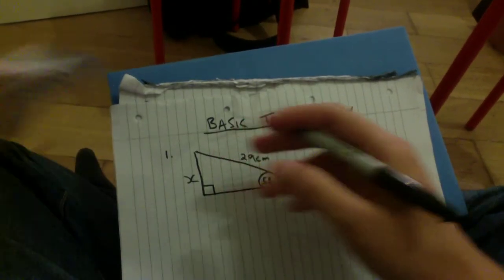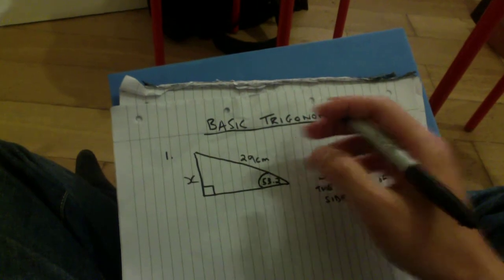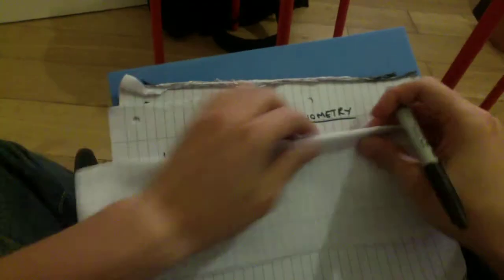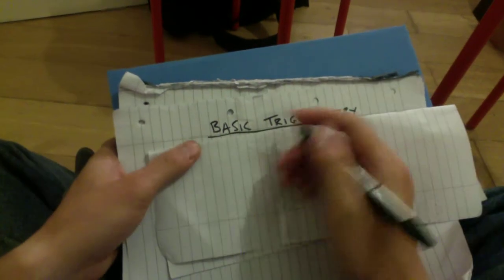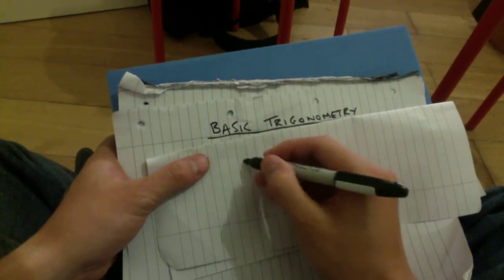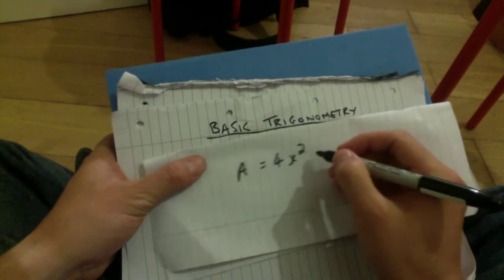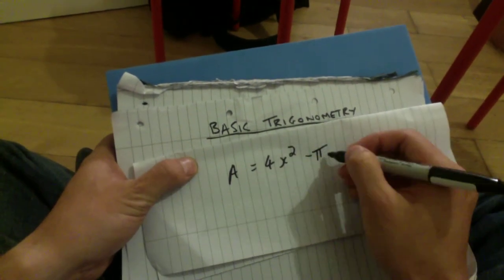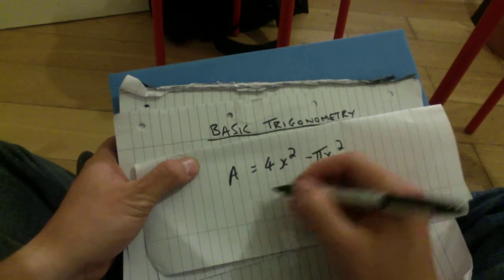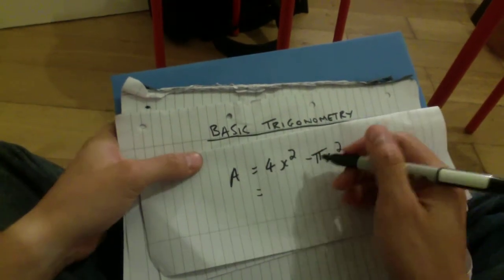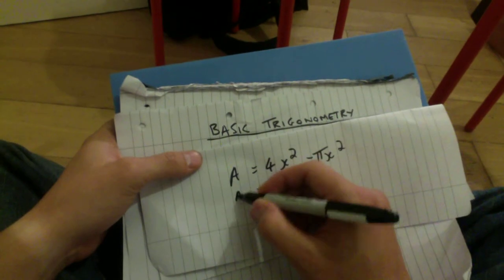And on a more complicated thing, you could use this one. If you start having cubes, you can have a equals 4x squared minus pi x squared. This one gets a little bit complicated because you have these squared things, so you have to factorize them.